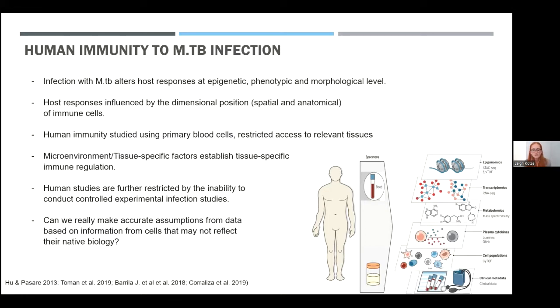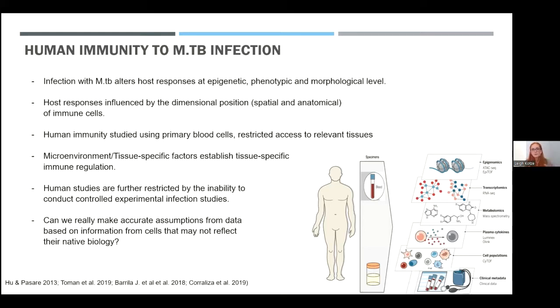But we know as scientists that tissue-specific factors establish tissue-specific immune regulation and responses, creating niche microenvironments in every single corner of the body. For example, we know that in a TB granuloma, the orientation and organization of specific immune subsets are incredibly important in determining the outcome of a granuloma's establishment, thereby determining whether or not they will be protective or non-protective in terms of their pathology.